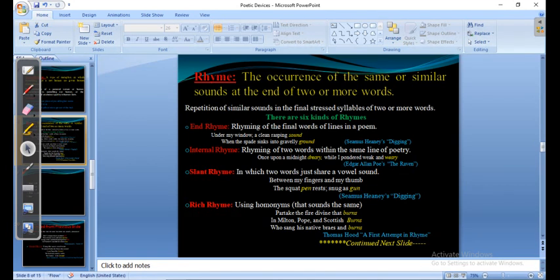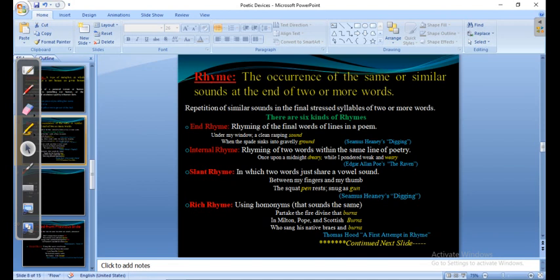I have highlighted this in yellow. This is the poem Digging by Seamus Heaney. Sound, ground. Do you see the two words rhyme? When the end words of two verses rhyme with one another, that is called end rhyme.